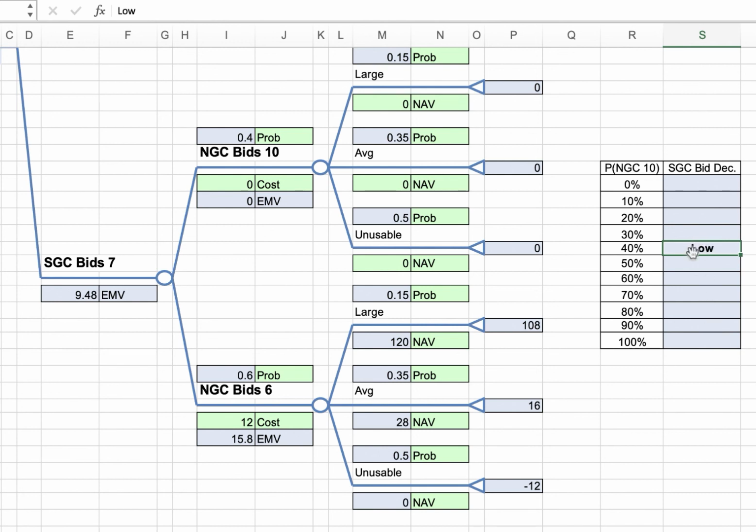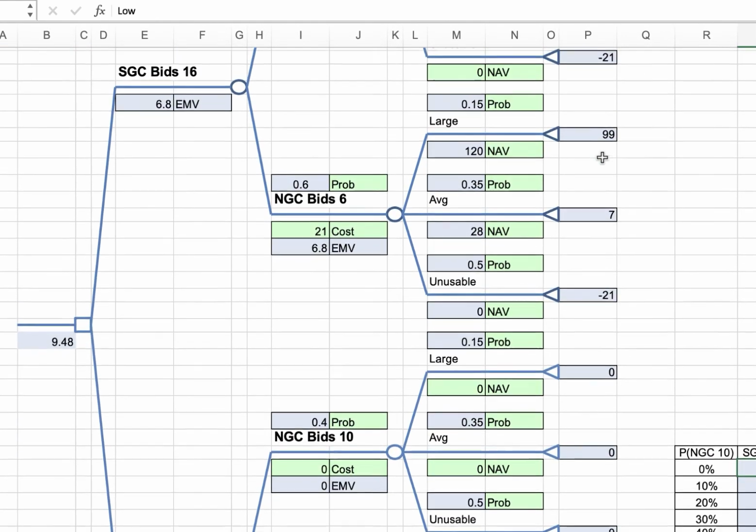We know at 0.4 or 40% the correct decision would be to bid low. And if the probability of NGC's high bid were to decrease, the decision would stay bid low. It's less of a threat when that probability decreases. But let's see how much it can increase before the decision changes for SGC.